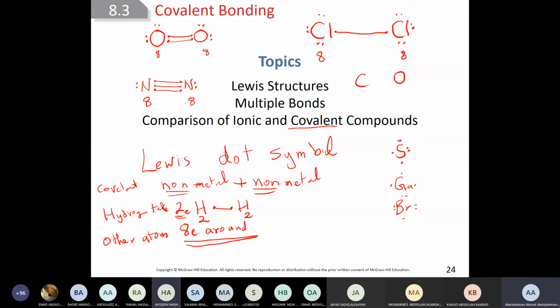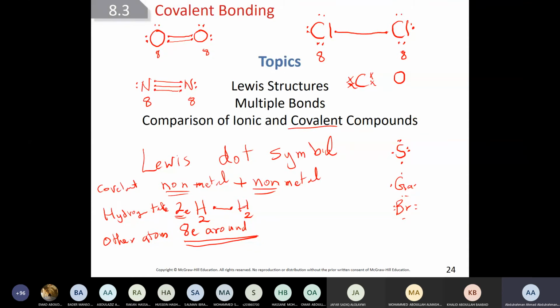We can't? Yes, I will put 2 here, and I put them as X's so that we know that these belong to carbon. How many are left? 2 here and 2 here. Good? I put X so that we know that these X belong to carbon.